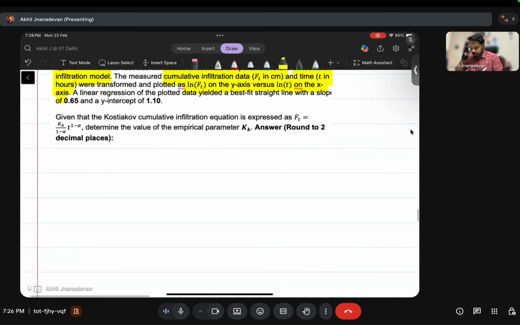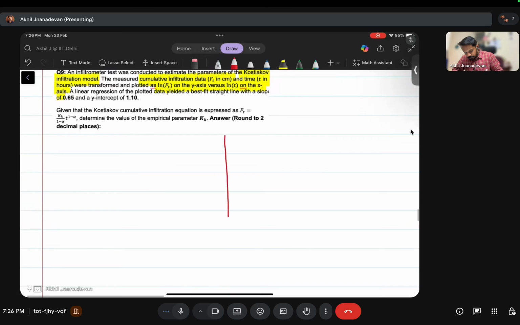Also note that Ft is in centimeter and t in hours.